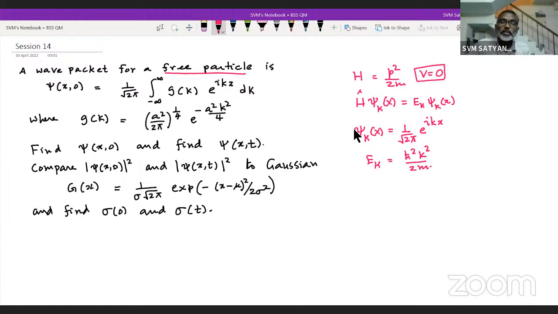So this much we know from the free particle problem.